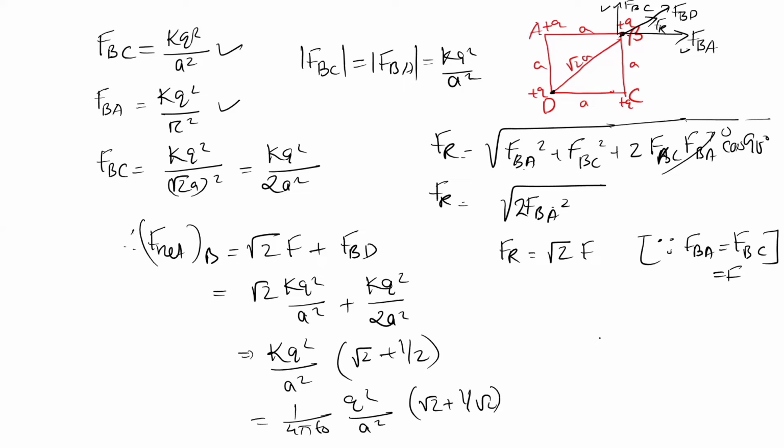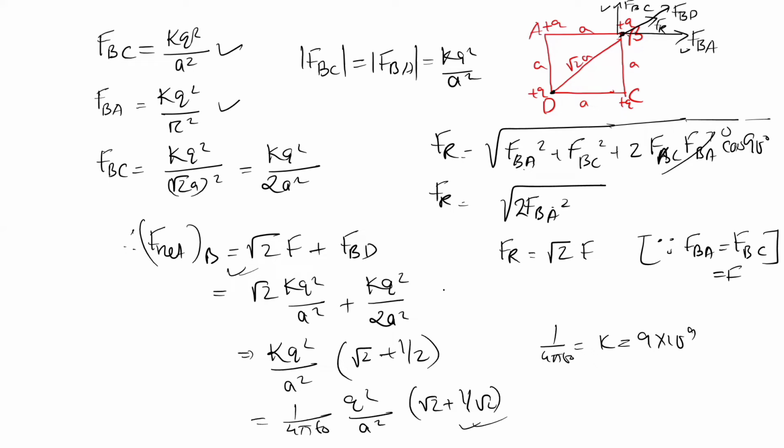And you already know k is equal to 9 into 10 to the power 9, or you can write 1 by 4 pi epsilon naught. So whenever you are given identical charges, you can directly use this particular formula. Or you can just use root 2 F plus the force due to this. Just put in the magnitude and you can solve it very easily.